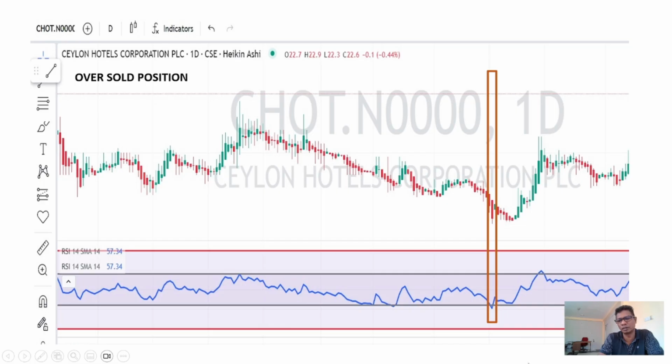See, in this oversold position in the RSI, the price is continuing a downtrend. If you place an order thinking of a reversal, it doesn't work, so you can't rely on decisions taken from RSI in isolation.